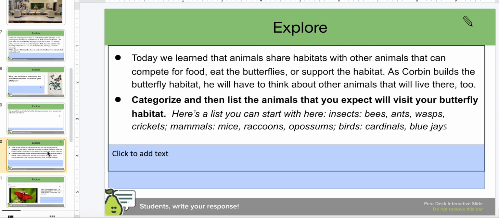So I want you to sort and categorize, then list the animals that you expect will visit this butterfly habitat. Now here's a list you can start with. For insects, it's bees, ants, wasps, crickets. For mammals, it's mice, raccoon, opossums, birds, cardinals, and blue jays.